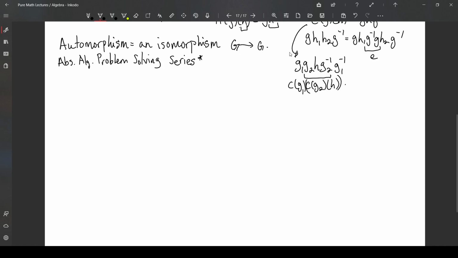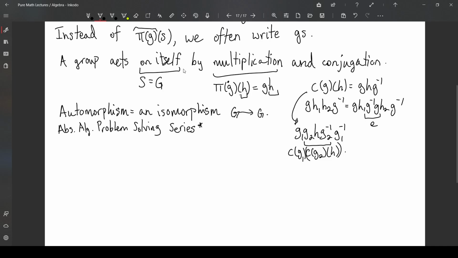So anyway, these special group actions are actually homomorphisms.